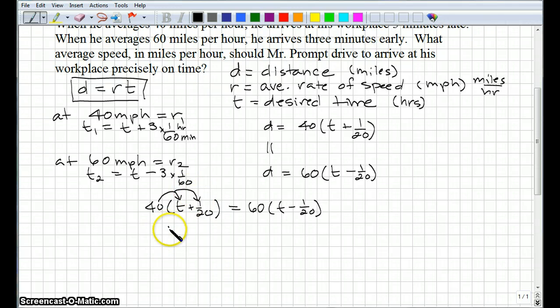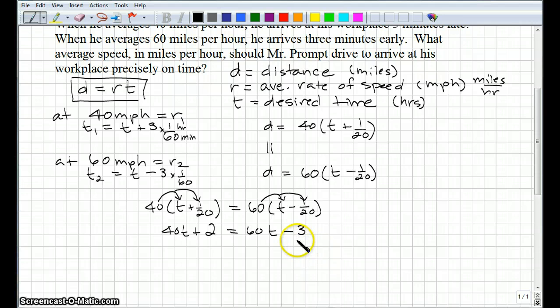So we'll have 40t plus 40 times 1/20th, which is just going to be 2. And we can distribute the 60 over here, and we'll get 60t minus 3, because 1/20th of 60 is 3.